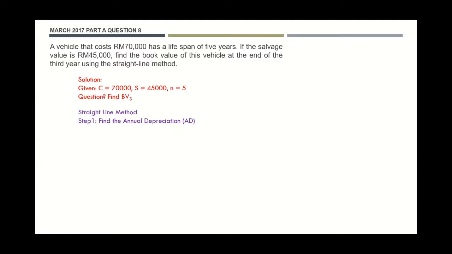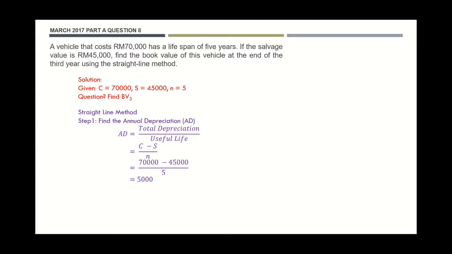Using the formula, the annual depreciation is found by taking the total depreciation divided by the useful life, which is C minus S divided by N. Substituting the correct values, we substitute C with 70,000, S with 45,000, and N with 5. We find that the annual depreciation is 5,000. That means every year the vehicle will depreciate 5,000 ringgit.